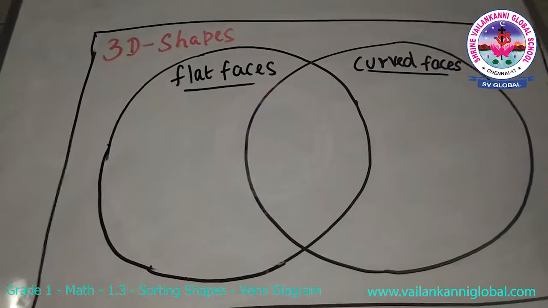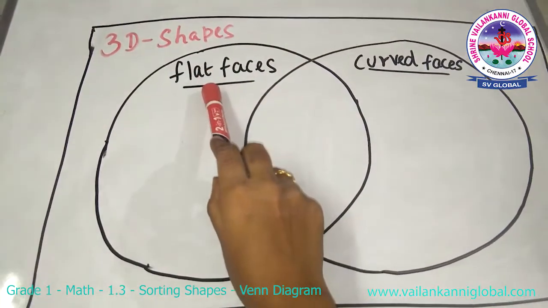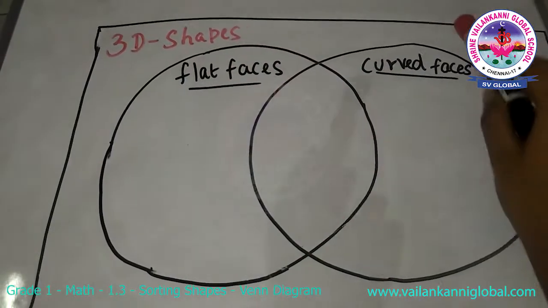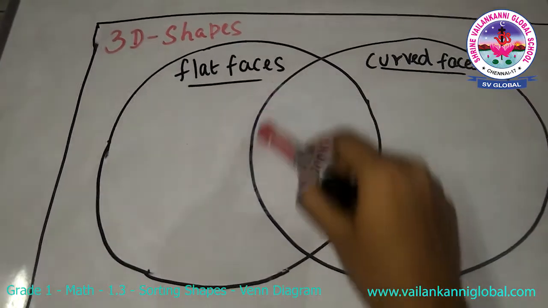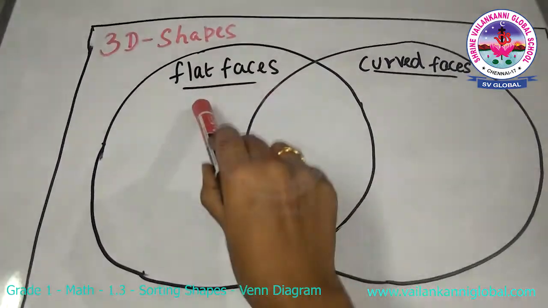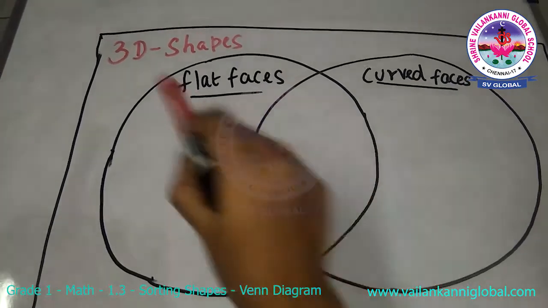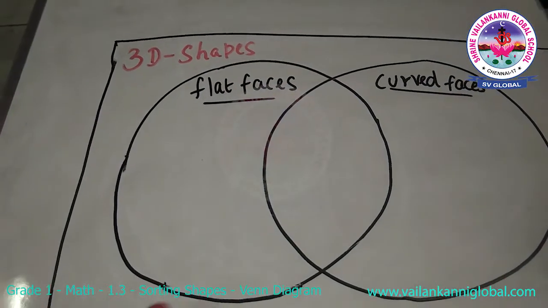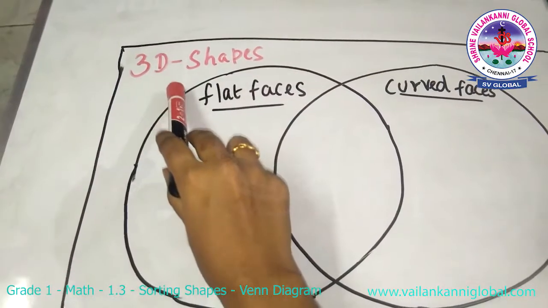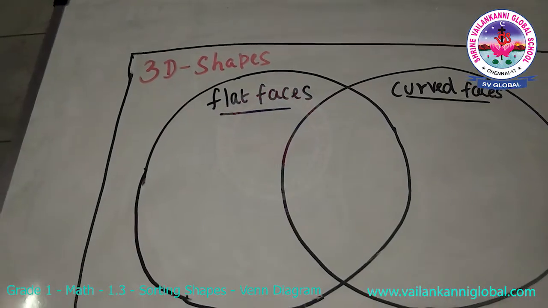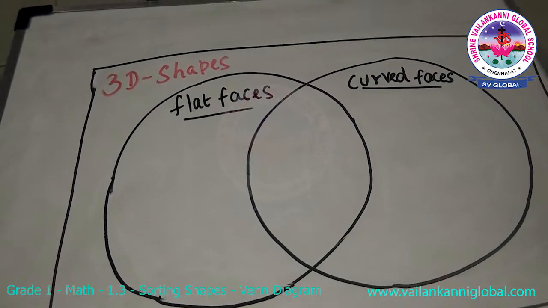I have drawn a Venn diagram with flat faces on one circle and curved faces on the other circle, and this common part belongs to both flat faces as well as curved faces. The outer box tells us what this Venn diagram represents: the 3D shapes, which we are going to keep over here. So now let's segregate all the 3D shapes.